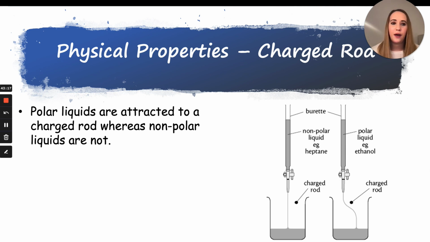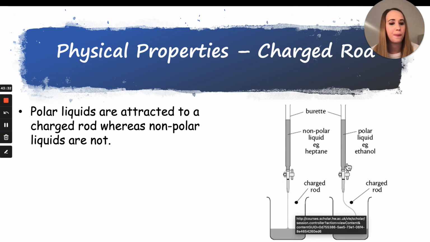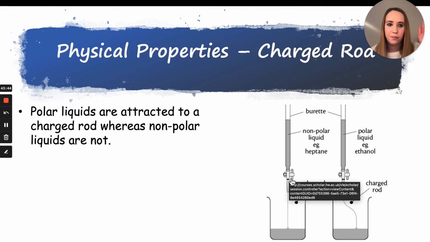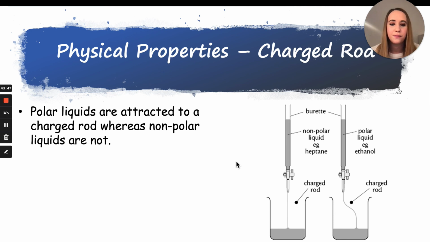So basically, if you have a plastic rod, charge it up with a cloth, just get some static electricity built up, and then hold it next to the flow of water, so you can see the stream of water or the stream of liquid coming out of the burettes here. If you have a polar liquid, then the liquid will bend towards the charged rod, so it will be attracted to it, whereas a non-polar liquid will just pass by with no effect.